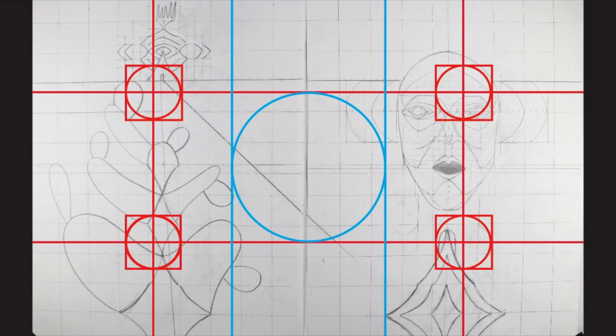So the final step in building the composition is to consider the space between the 4 points. So we have the third area in the center, as you can see with the blue circle and the 2 vertical lines. That is the next area that I'm going to consider adding another image.